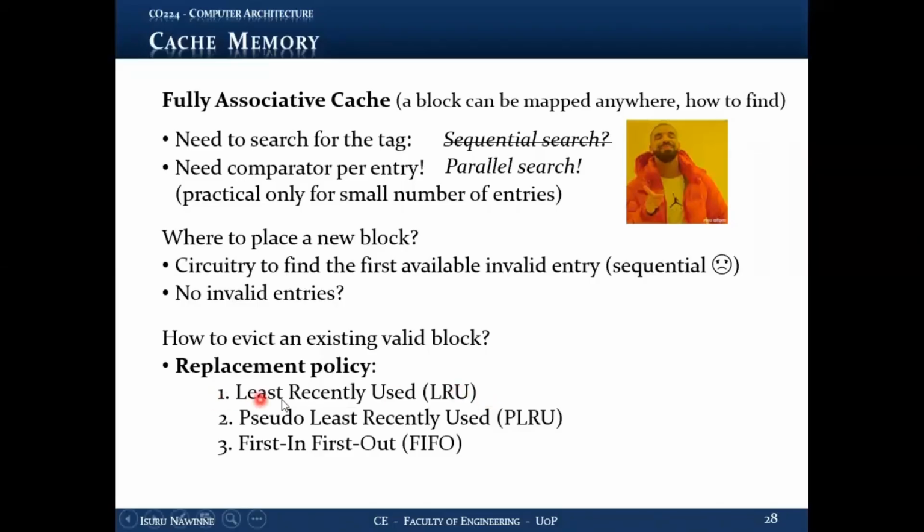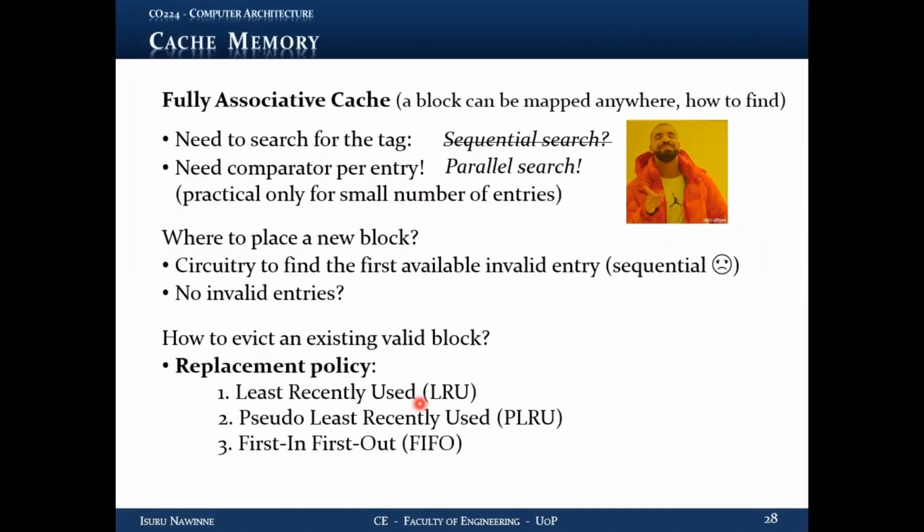That is the ideal candidate to be thrown out of the cache to exploit the temporal locality principle the best. Temporal locality says recently used pieces of data are likely to be used again. So if we stick with that principle, then the least recently used one is the one to be thrown out.